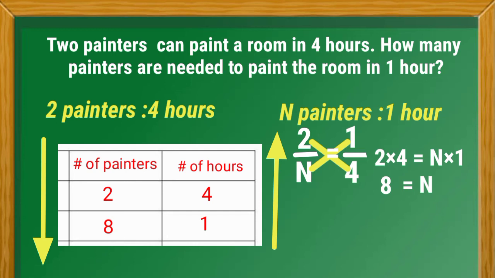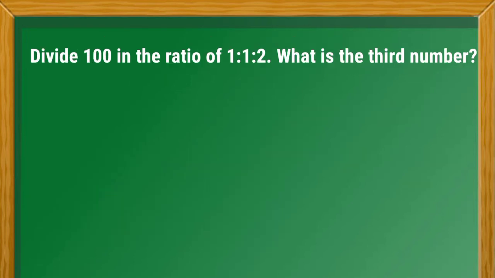The problem shows that as the number of painters increases, the number of hours it would take to paint the room decreases. This situation illustrates two quantities that are inversely proportional. This is an inverse proportion. In an inverse proportion, an increase in one quantity causes a decrease in another quantity.